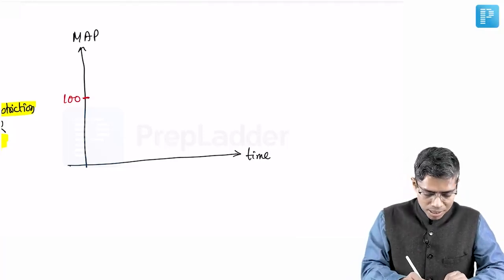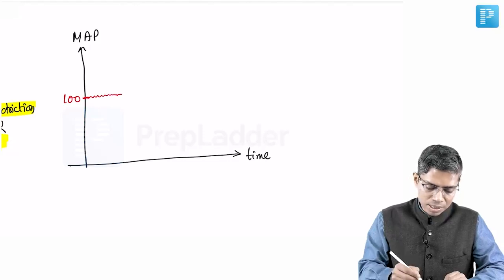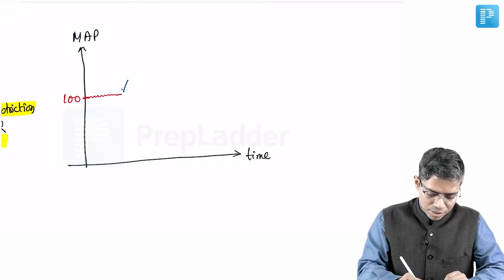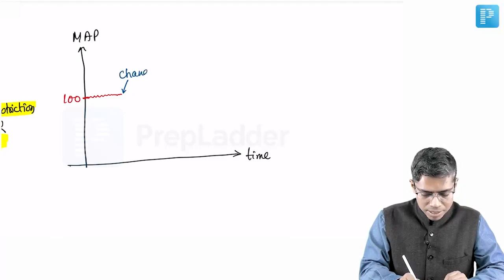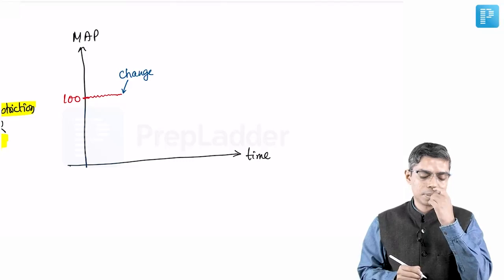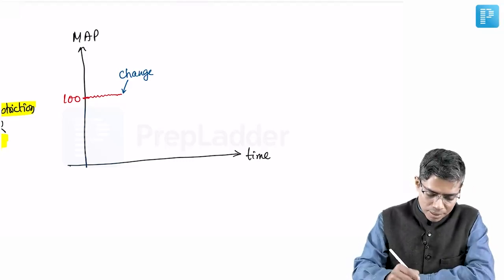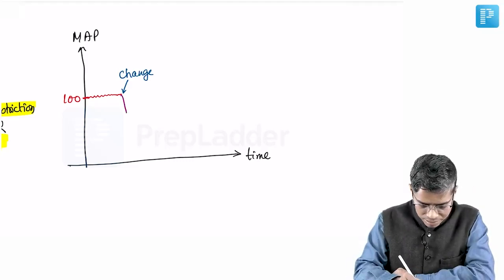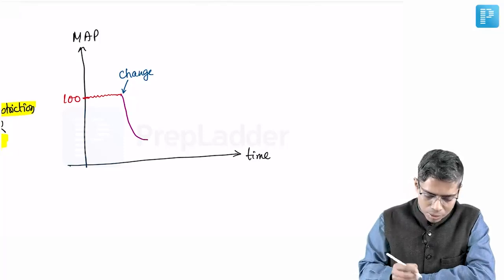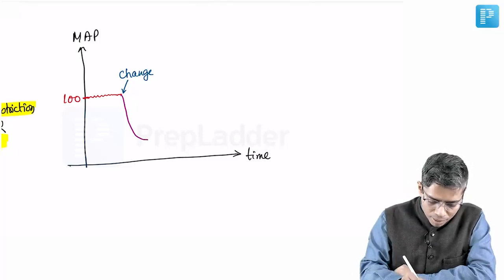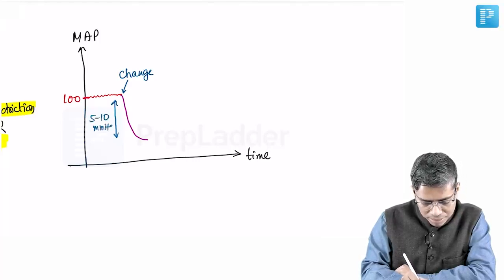It was normal. Suddenly the person changes the posture. So this is the part where there is a sudden change of posture. What is going to happen? The blood pressure will suddenly fall to a low value. Normally, this fall of mean pressure is around 5 to 10 millimeter of mercury only, not more than that.